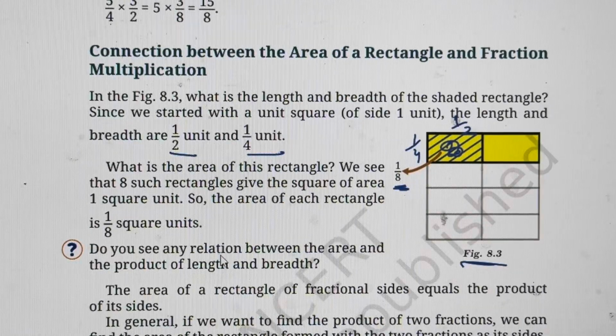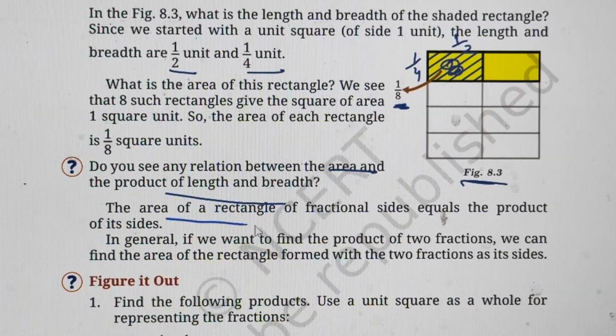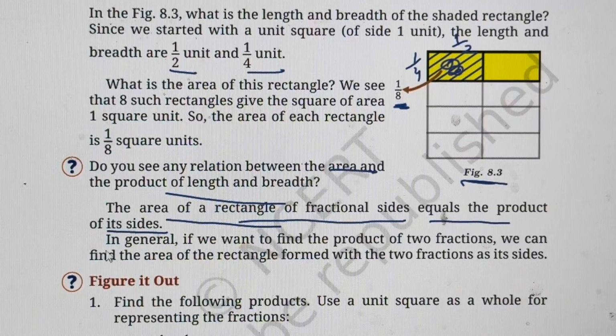So what is the relationship here? The area of a rectangle with fractional sides equals the product of its sides. So in general, if we want to find the product of two fractions, we can find the area of the rectangle formed with the two fractions as sides.